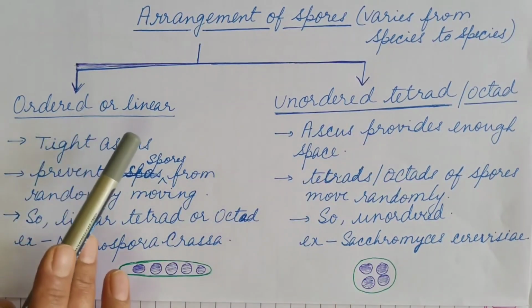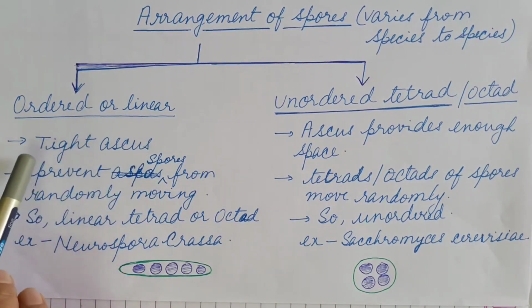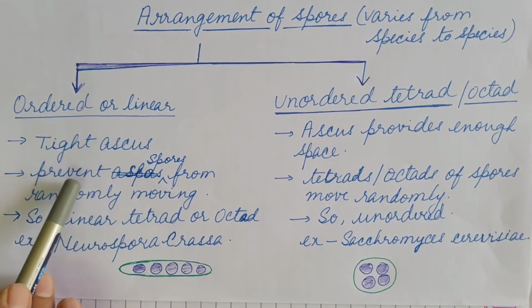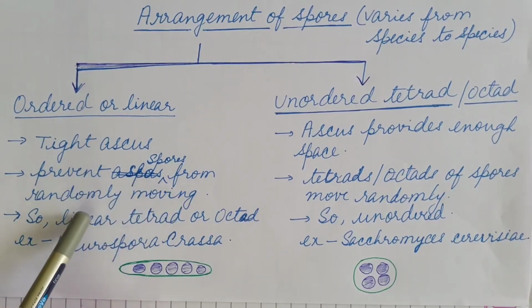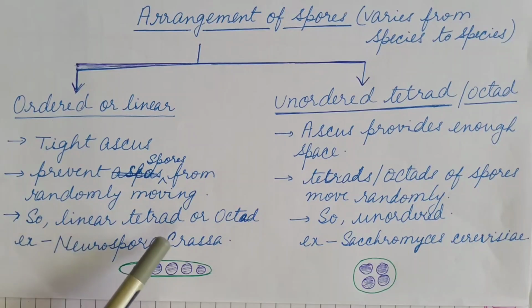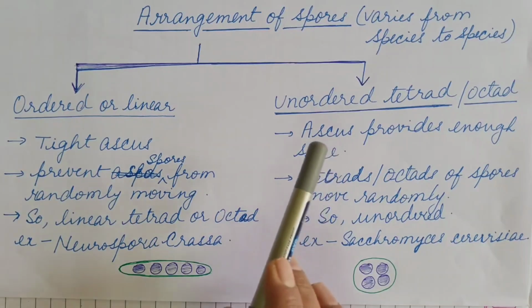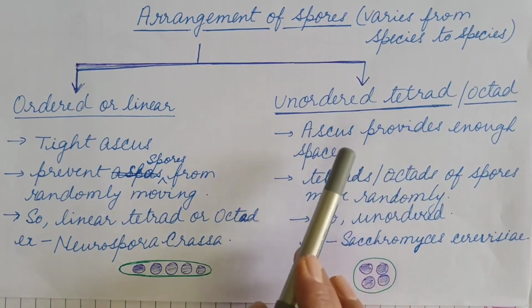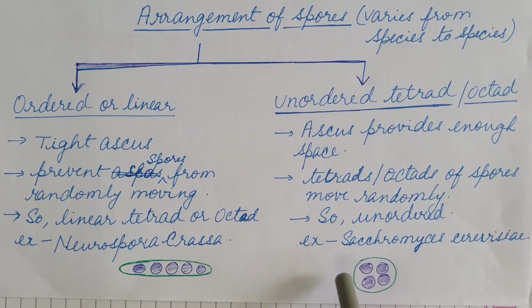In ordered or linear tetrad and octad, a tight ascus is present, that is, the sac-like structure is narrow. Hence, it prevents spores from moving randomly. So, tetrad or octad are linearly arranged. Example, Neurospora crassa. In unordered tetrad or octad, the ascus is not tight.